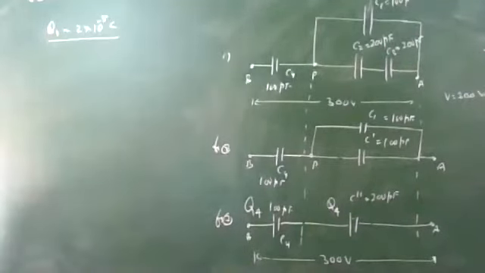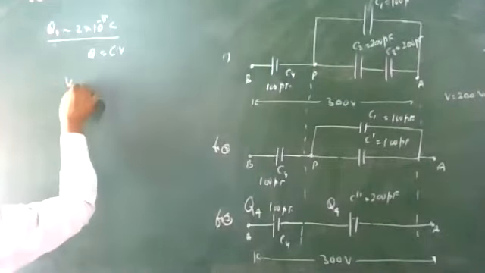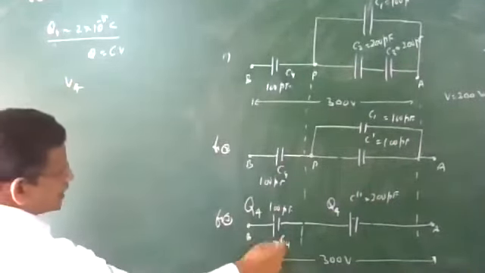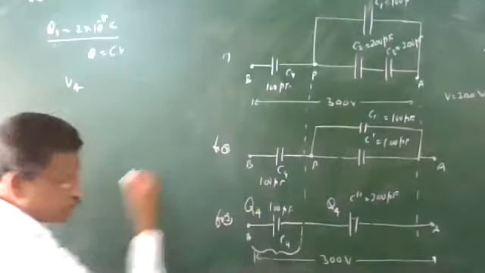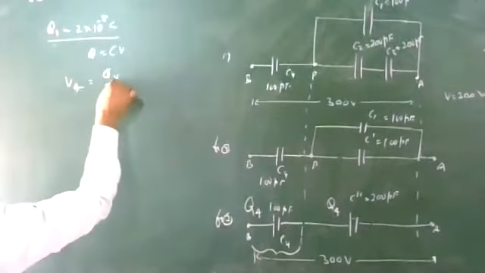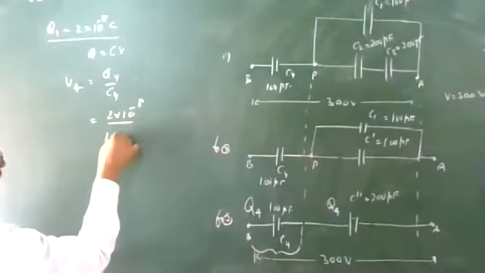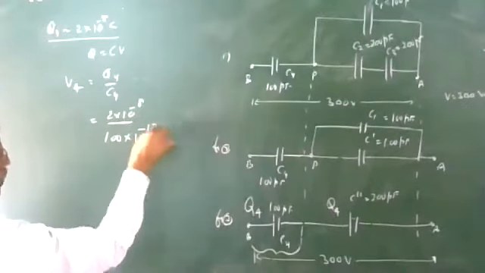What will be the PD across that? Using the equation Q equal to CV, the potential across the fourth capacitor, the PD across C4, will be equal to Q4 divided by the C4 value. Q4 is 2 into 10 to the power minus 8, and C is 100 into 10 to the power minus 12.